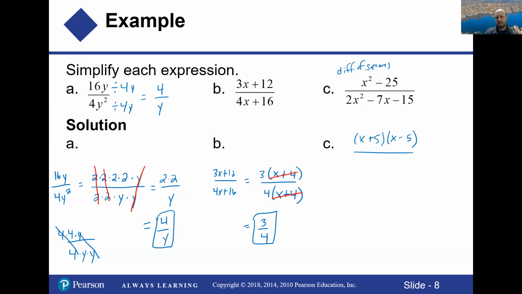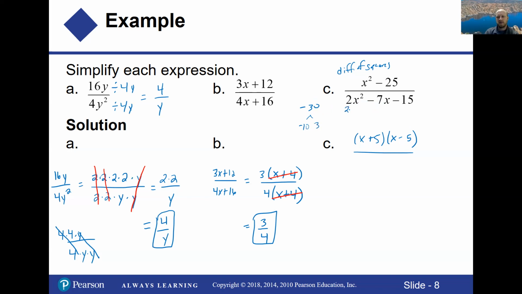So remember what we did back in chapter 6: we took 2 times negative 15 and got negative 30, and we were splitting the middle term. I need factors of negative 30 that add to negative 7, and that would be negative 10 and 3.